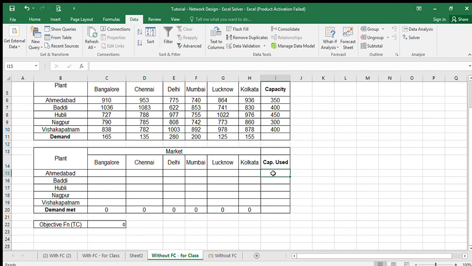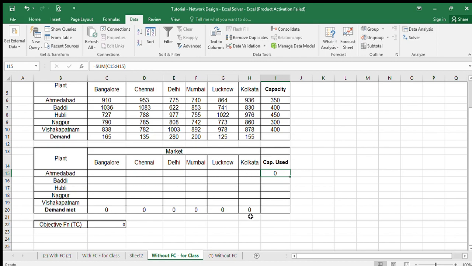Again, in the same way you can take the row sum. I have given the name capacity utilized, or capacity used. Here I take the sum of the first row, which corresponds to Ahmedabad. I want to know how much of the capacity of Ahmedabad I have used. So all Xij's corresponding to that particular row are summed.